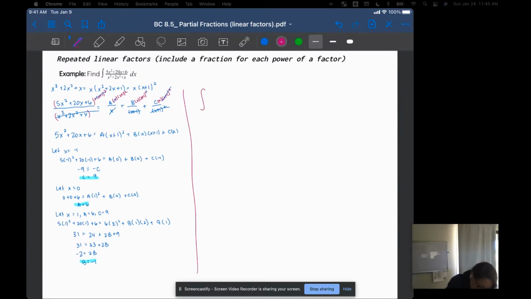So I got the integral of 5x squared plus 20x plus 6 over x cubed plus 2x squared plus x dx is equal to the integral of a, 6 over x, plus b, let's subtract, minus b, which is 1 over x plus 1, plus c, which is 9 over (x plus 1) squared dx.